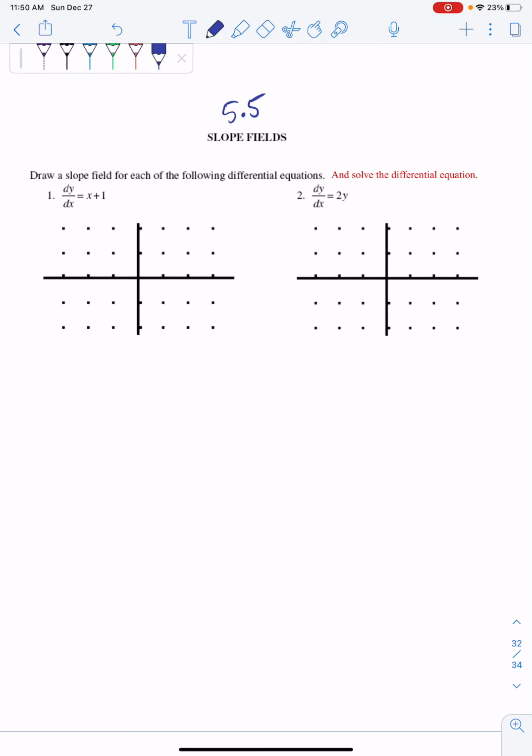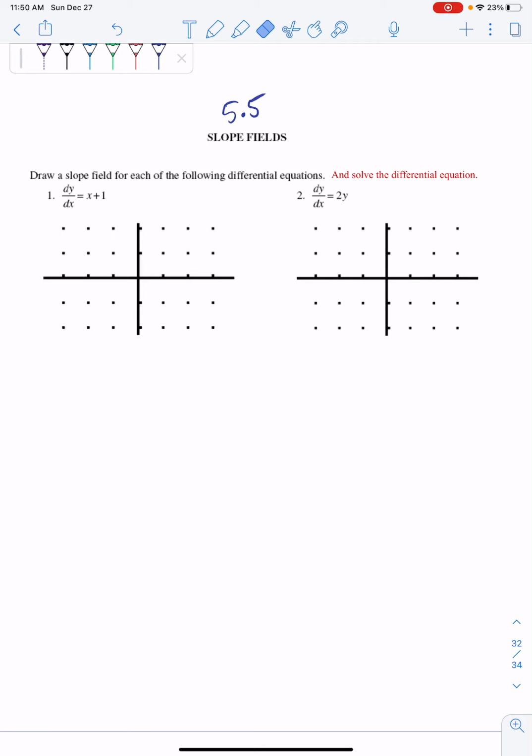In order to do that, over here on the left, number 1 says that dy/dx, my slope, is equal to x plus 1. All right, so my slope is equal to x plus 1. It doesn't tell me what x is or what y is. It just tells me my slope.